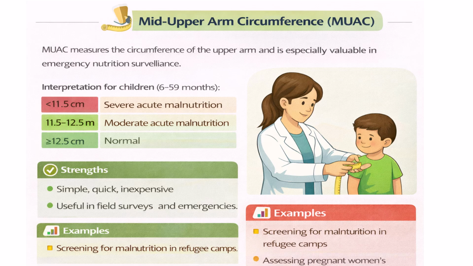Interpretation for children between the ages of 6 months to 59 months is that severe acute malnutrition will be less than 11.5 centimeter, moderate acute malnutrition 11.5 to 12.5 centimeter, while normal will be greater than or equal to 12.5 centimeter. This method is very simple, it's quick, it's inexpensive, and is usually used in field surveys and also during the period of emergencies.